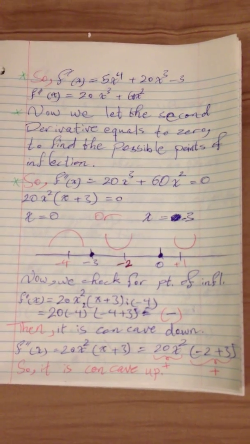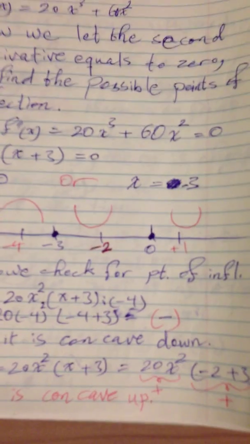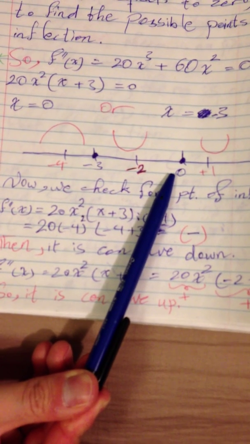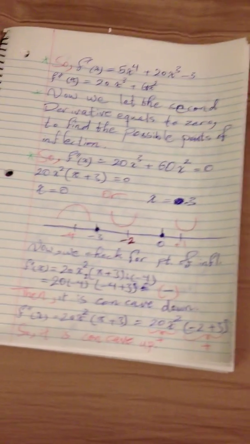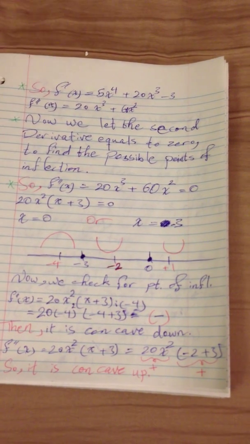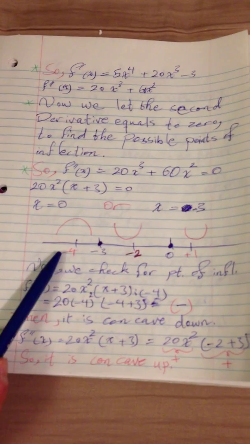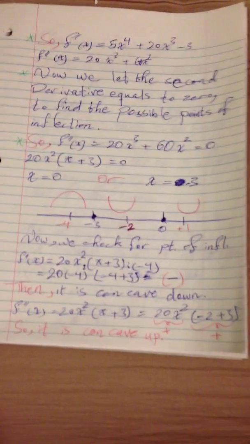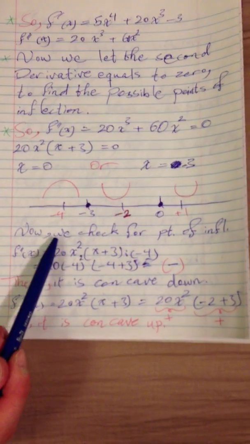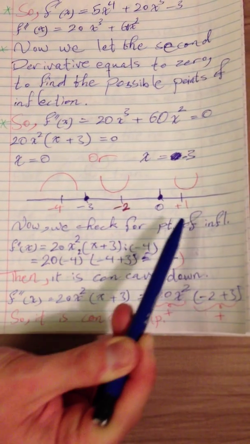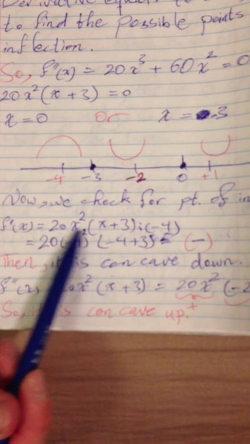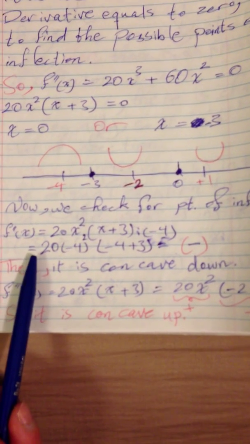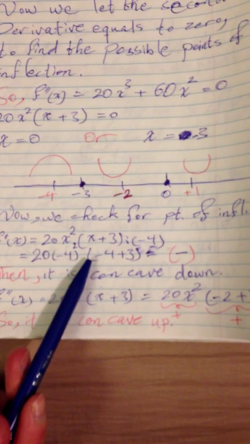Now, we check those values for x: negative 3 and 0. To check the left of negative 3, we pick some value for x. Let's say negative 4. Alright? And now we check for the point of inflection. So we have our second derivative, and we plug in negative 4.